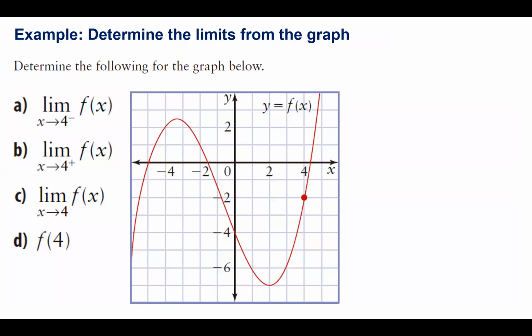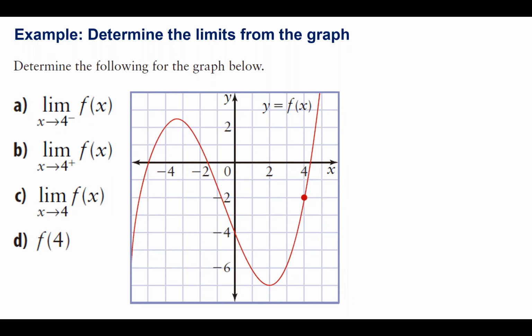Okay, so based on the definition of limits, left side limit and right side limit, let's have a look at an example here. Given this function shown on this graph, can you determine the limits from this graph? A, the limit of f(x) when x approaches 4 from the left side.